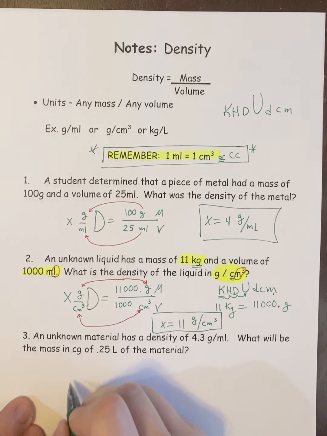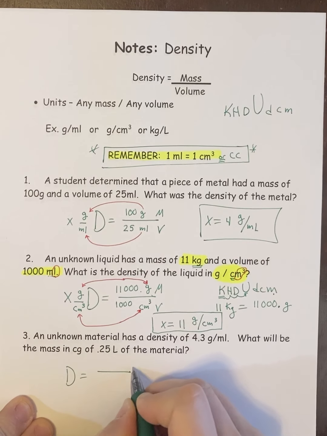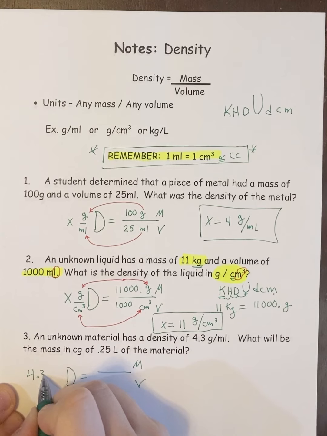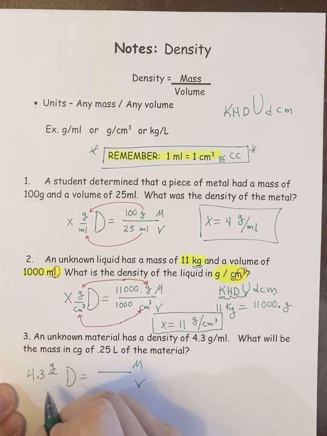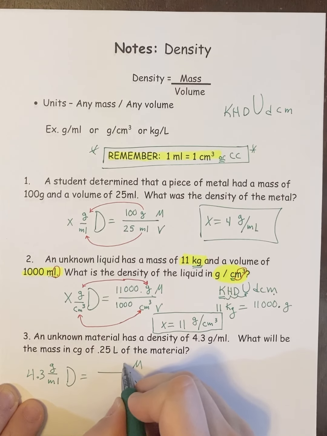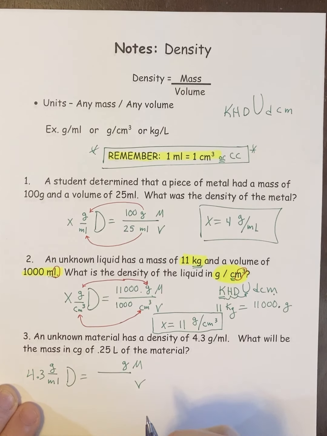Last problem. They give me the density, 4.3 grams over milliliters. That is going to force me to keep my mass in grams and my volume in milliliters. Now here's the trick: they want to know the mass in centigrams, which I cannot solve for right now.